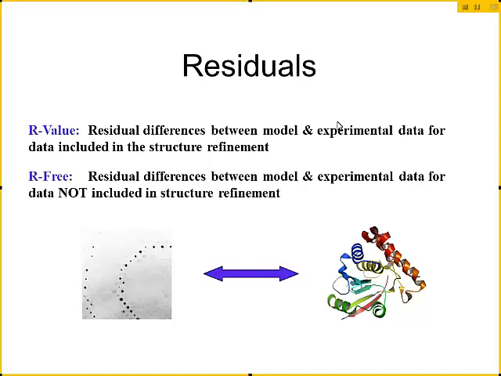Now, back in the mid-'80s, this technique came in, and if you find structures from that period, you'll see about 10% difference between an R value and an R free. You're likely to see less than 5% difference between the R value and the R free today, because we have better refinement techniques, better fitting of the structures to the experimental data.